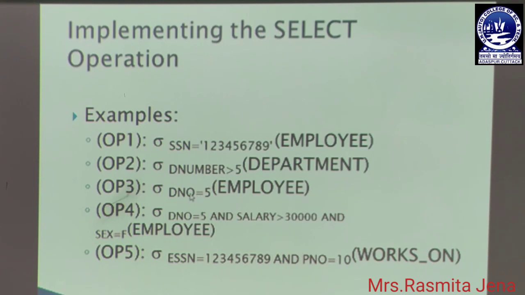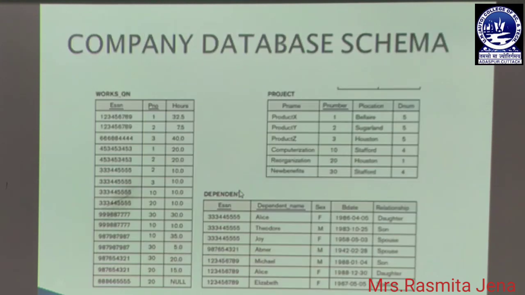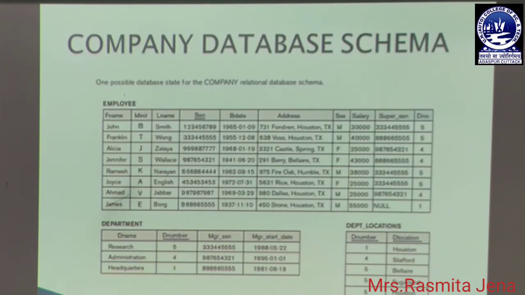We know that this department number is not a primary key, it is a non-key, and here in this case we can implement the clustering index. So, in this case we may retrieve multiple tuples from the employee relation. This is the employee relation and you can see the number of employees having department number 5.